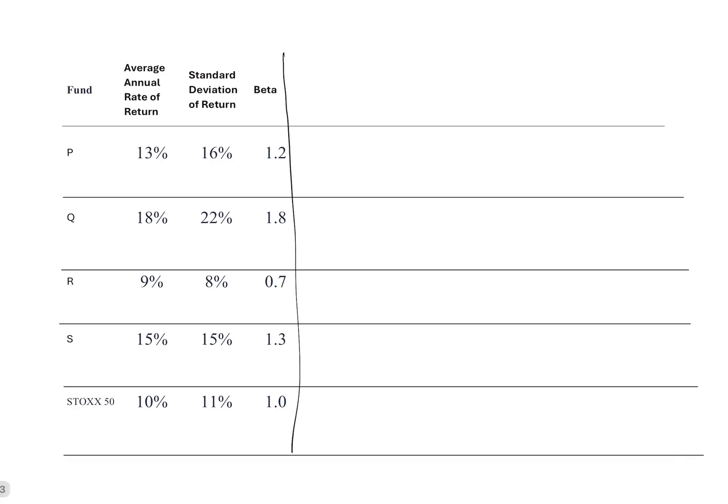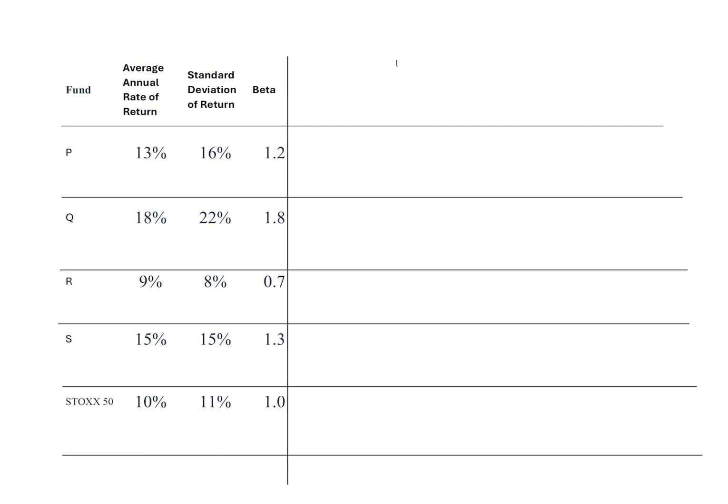We're looking into 3 different measures here: the Sharpe ratio, Treynor ratio, and Jensen alpha.